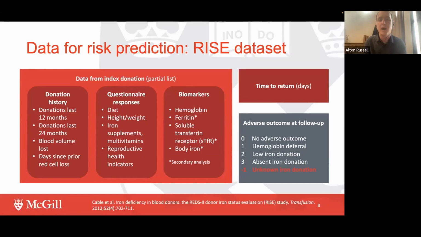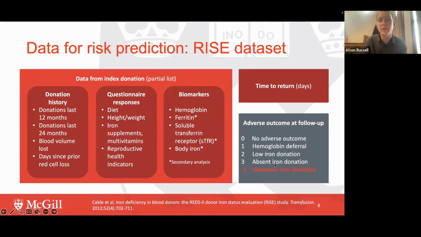But for a lot of the analyses, we also had ferritin measured as well as soluble transferrin receptor, which is another iron-related body marker. And then body iron is a calculation based on ferritin. So with all of these data available from index donations and the time to return, we predicted no adverse outcome, hemoglobin deferral, low iron donation, or absent iron donation.